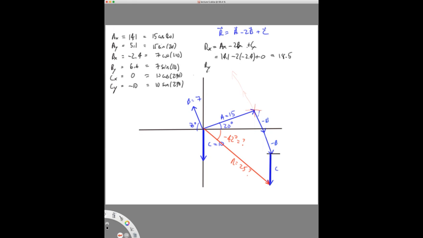And Ry is going to be 5.1 minus 2 times minus 6.6 plus a negative 10. Sorry, it's a positive 6.6 inside of here.